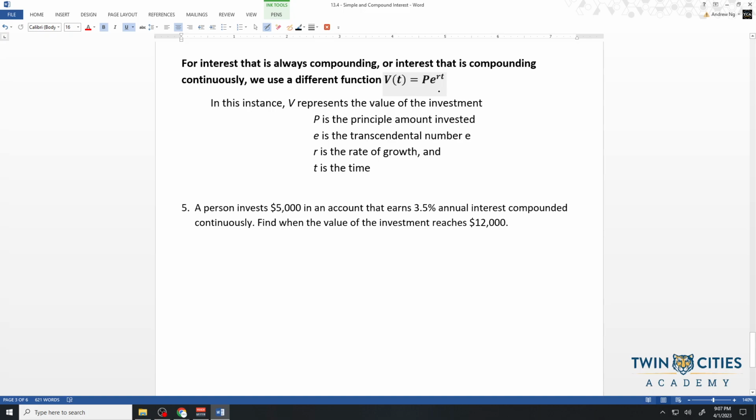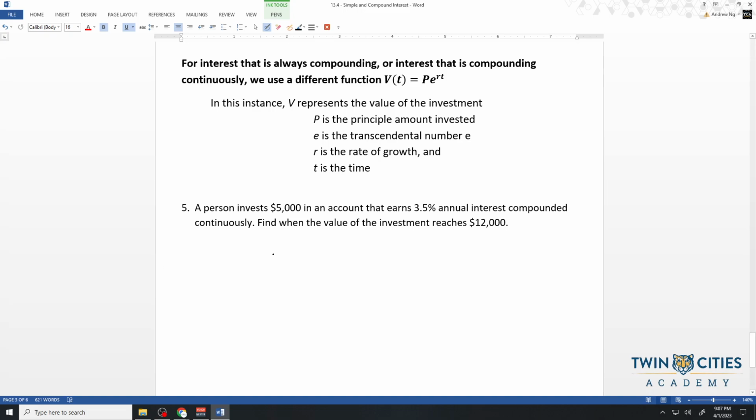E, we actually don't plug anything in for E. E is a transcendental number. It's similar to pi. It just represents a number that kind of keeps going on and on. So instead of writing it out, we just say this is pi, or in this case, this is E. R is still my rate, and then T is still time.